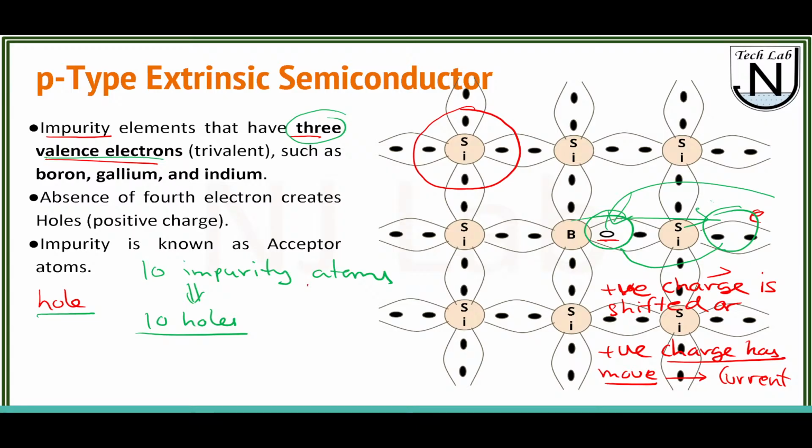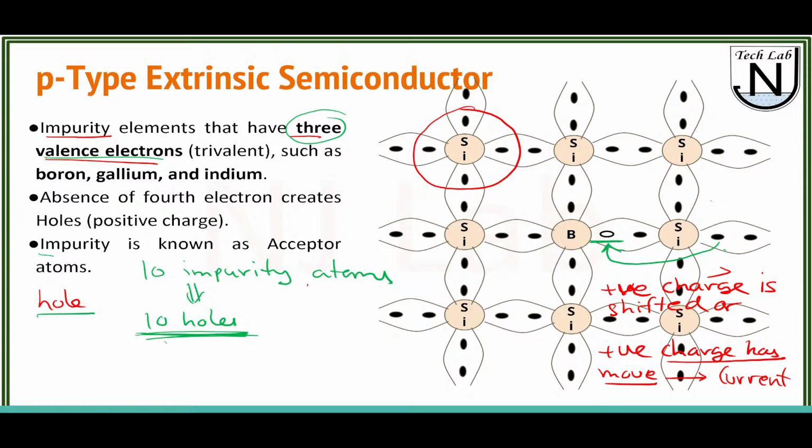Because this hole is accepting the electron from the neighboring covalent bond.